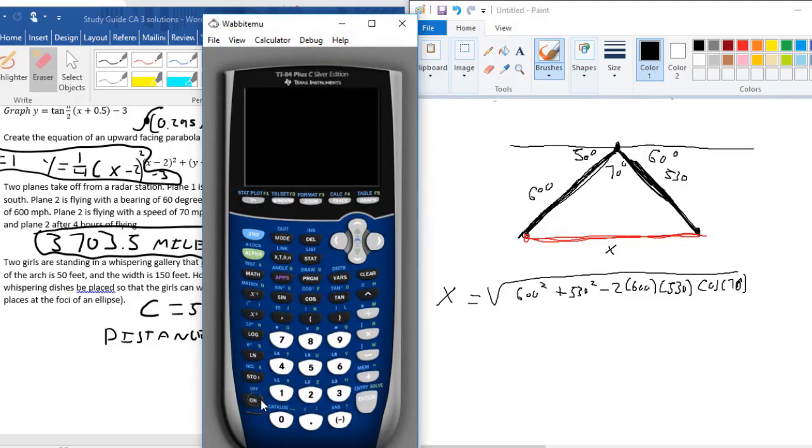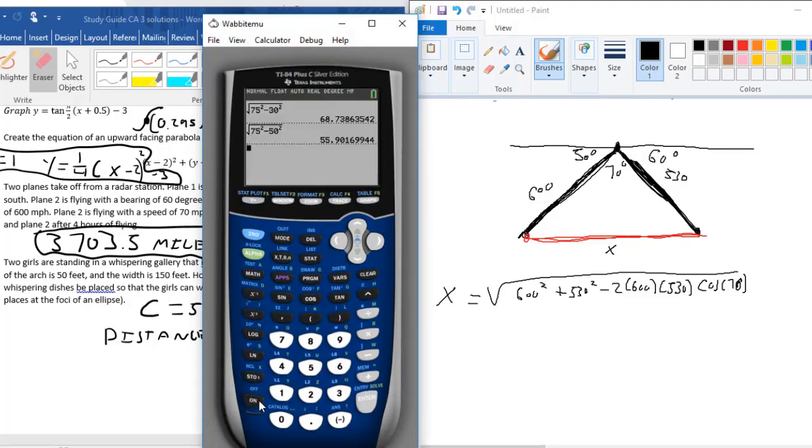So I find x: the square root of 600 squared plus 530 squared minus 2 times 600 times 530 times the cosine of 70.